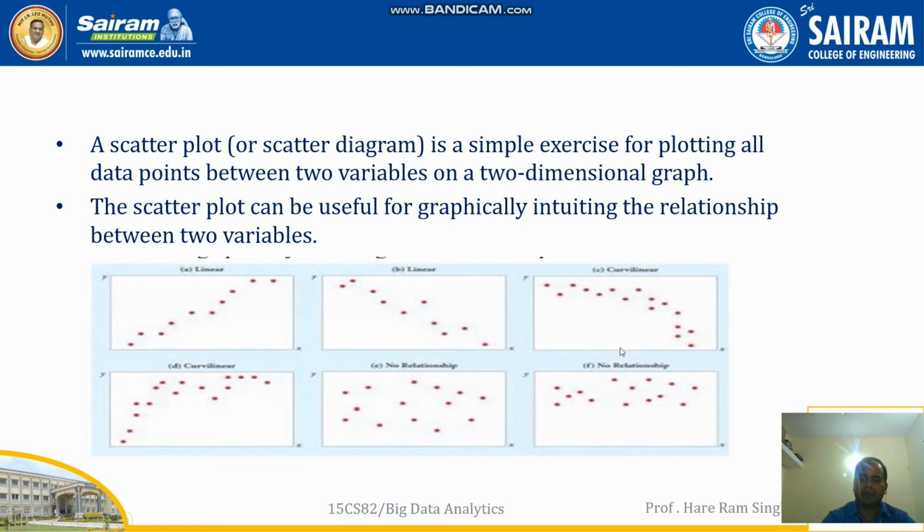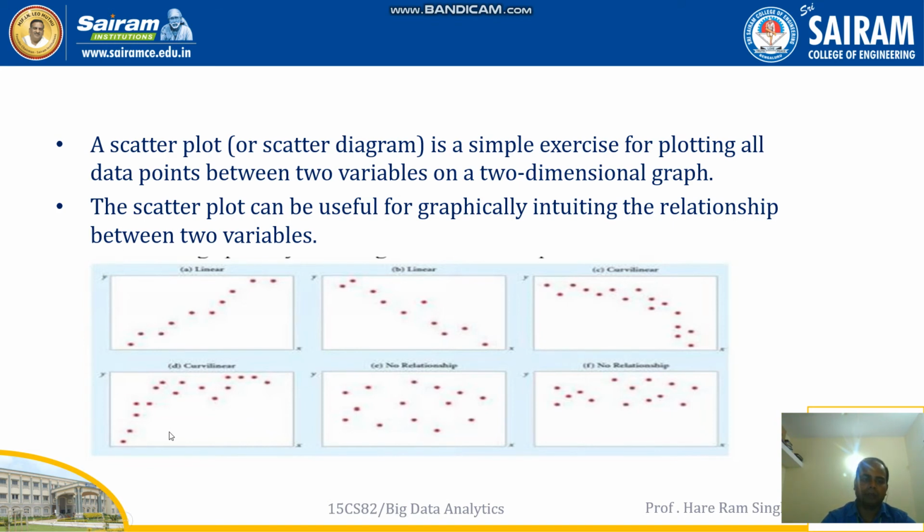In C, there is a relation between x and y that is inversely proportional, decreasing only, but it is curvilinear, not an exact straight line. If x is increasing, y is decreasing, but not in a straight line. It is decreasing in a curved manner.